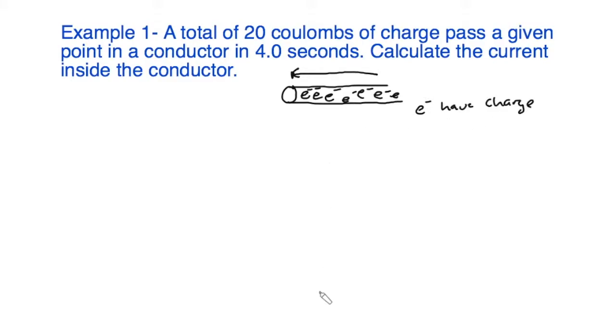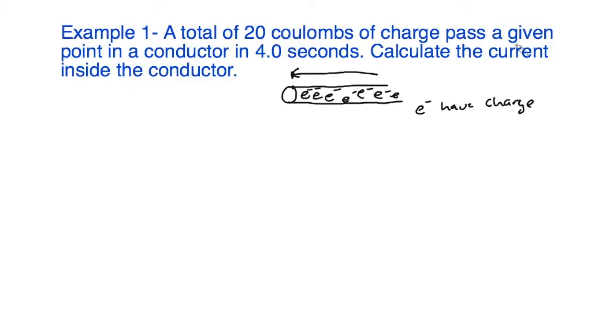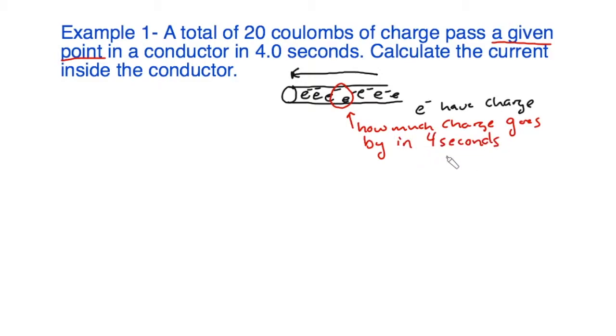If I look at one given point, how many charges go by in 4 seconds? So this is where I equals how much charge is going to go by in a given time of 4 seconds. And this is going to tell us our current.